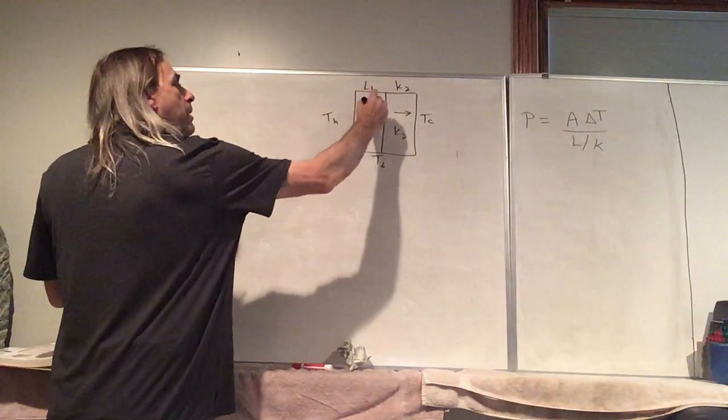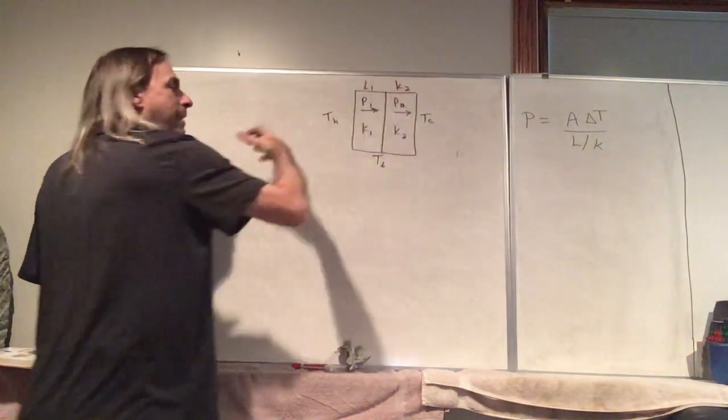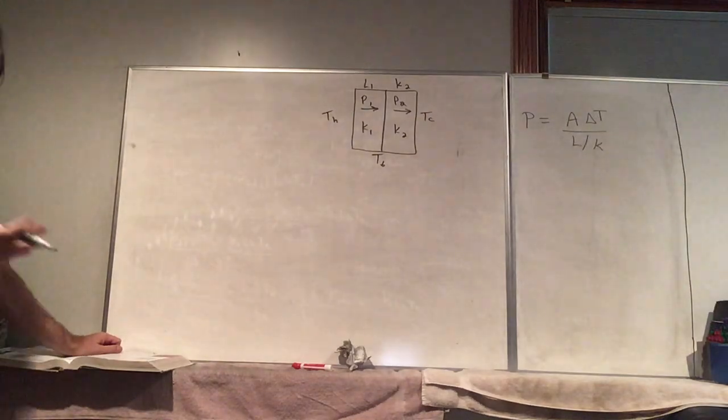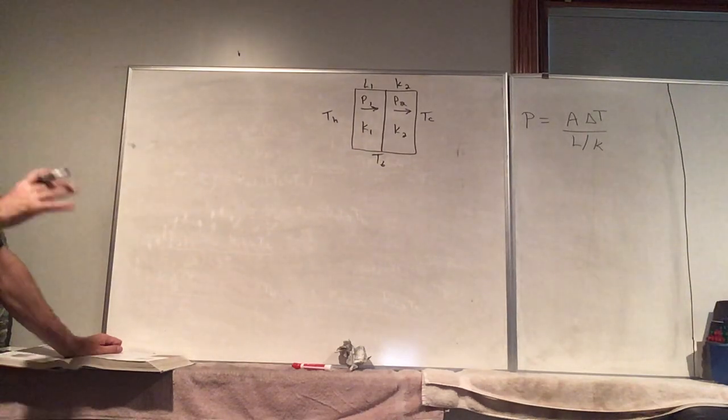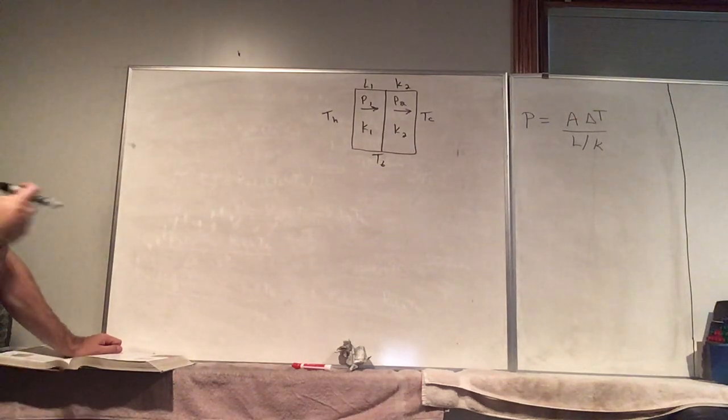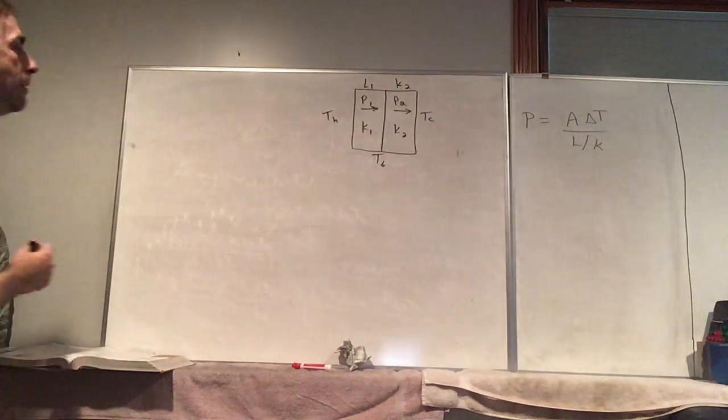We'll say this is P1, the rate that energy flows through material 1. P2 is the rate energy flows through material 2. And these two have to be equal to each other. So we're going to try and do this all algebraically and come up with a nice formula in the end.